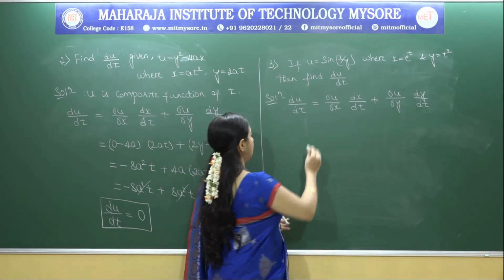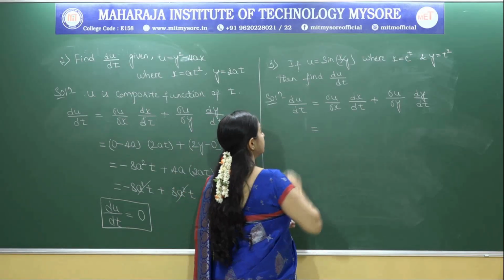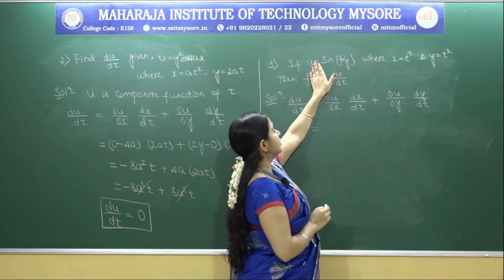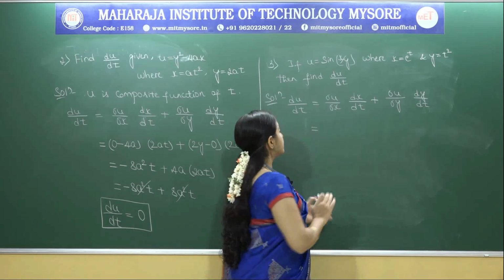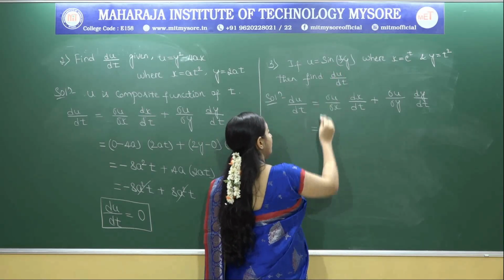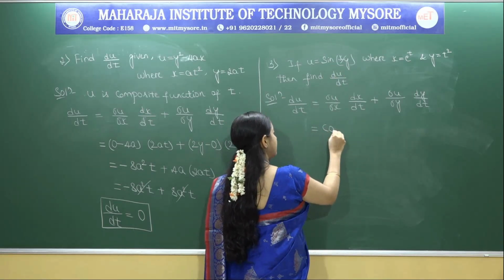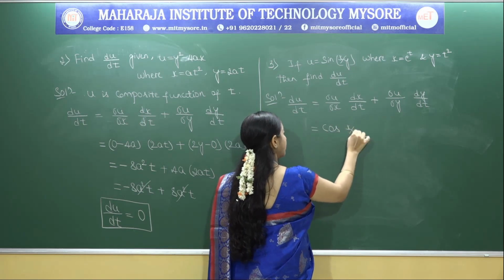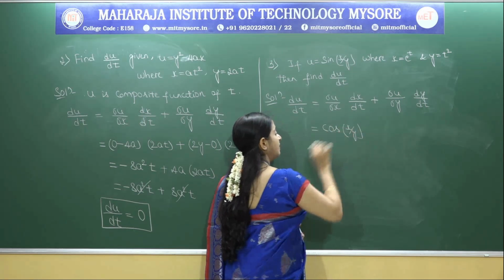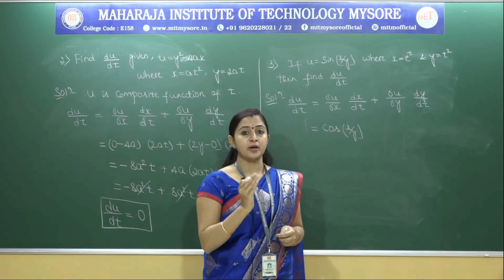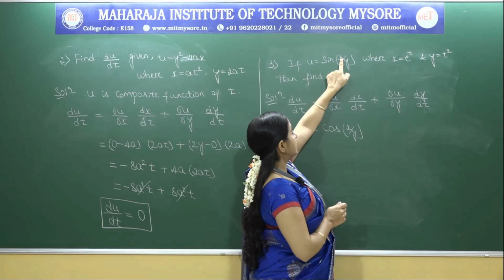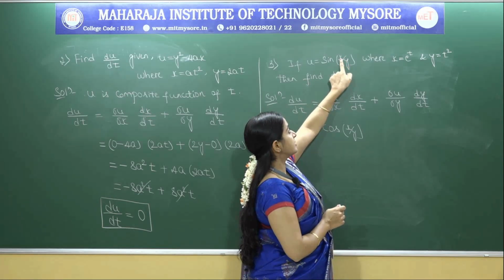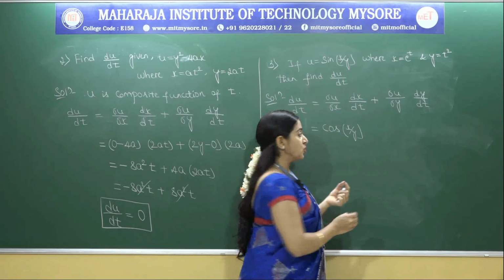So the first one, u with respect to x. Differentiate u with respect to x keeping the y term constant. First you differentiate the trigonometric term, sin differentiation is cos of x by y. Next, differentiate x by y with respect to x keeping y constant, keep the 1 by y as it is, differentiation of x is 1.